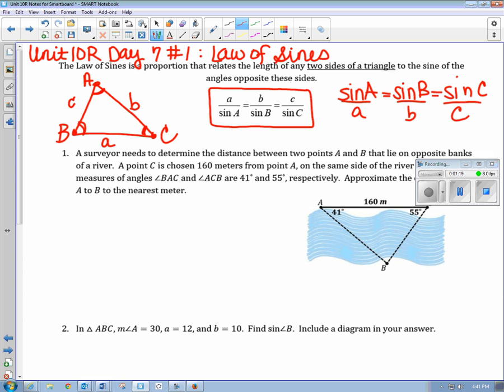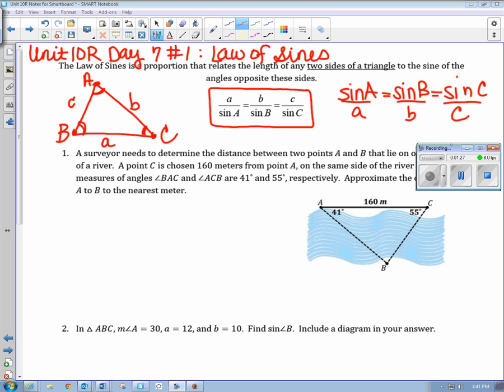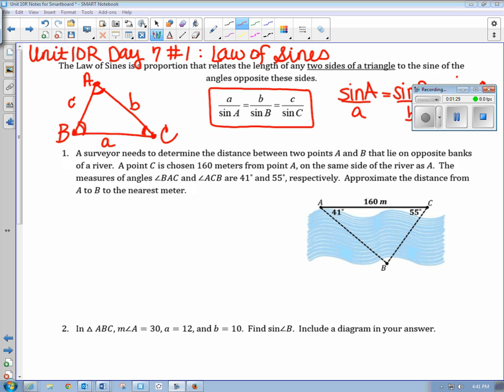So for question number 1, it talks about a surveyor that needs to define the distance between 2 points A and B. And those 2 points lie on the opposite bank of a river. So a point C is chosen that's 160 meters away from point A, but on the same side of the river as point A. So that distance from A to C we definitely know is 160.